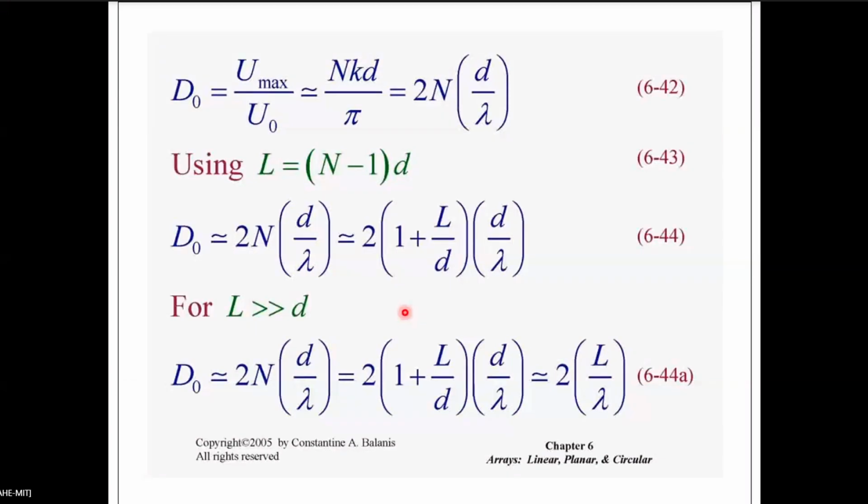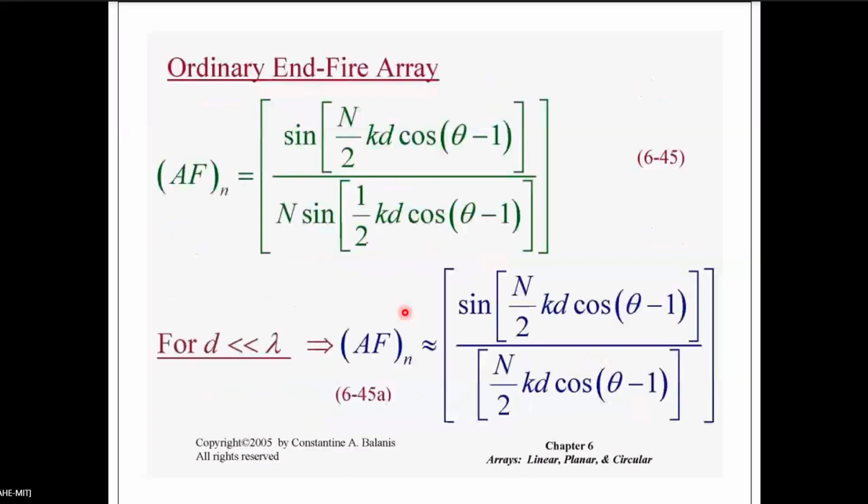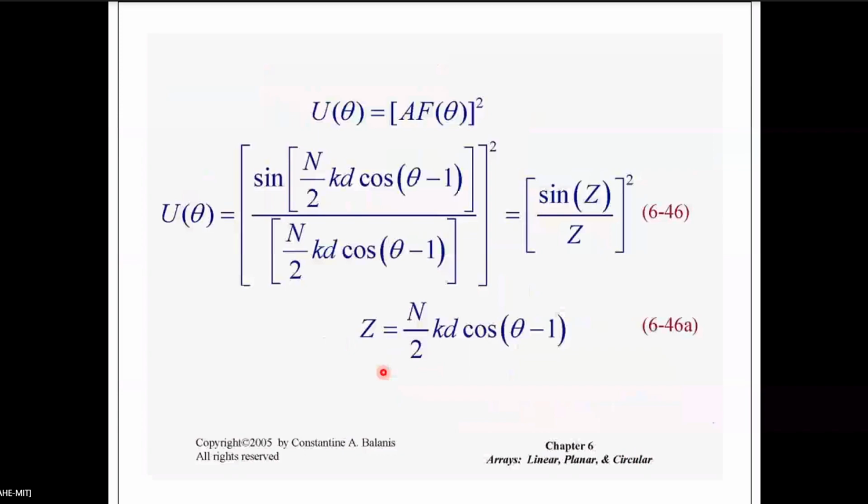So this is what it is for the ordinary end fire array. Now beta is different. So you get sin n by this thing, the sin x by x form. Here again you have to do the integration. The array factor: U of theta is the square of the array factor of theta.